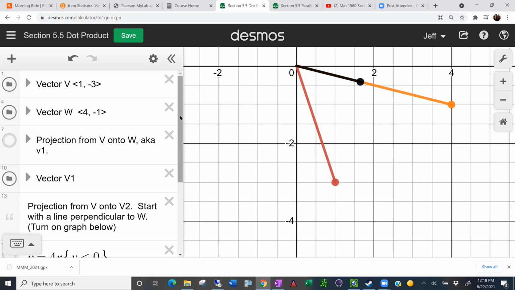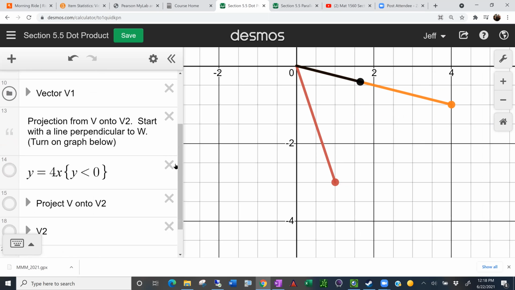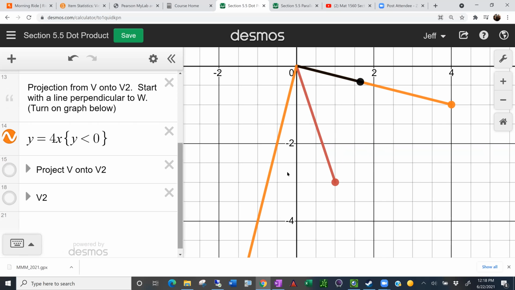So, okay, let's figure out what that's going to be. Perpendicular to this line would be this line. And I want to decompose part of V onto this line. So I want to project V onto this part right here. Again, you're drawing a perpendicular line down to here. And that little piece between the origin and this black dot, that's going to be our second vector, V2.